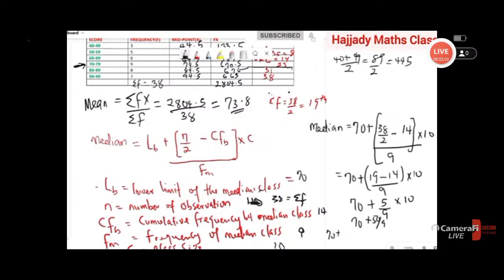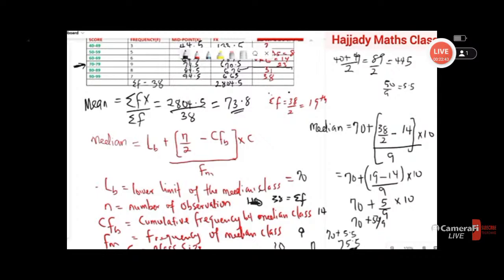We know that 50 over 10 is 5, right? So 9 in 50: 9 times 5 is 45, remainder 5. Add 0 to it, 50, so you can have 5.5. So here you have 5.5. And finally, our answer is going to be 75.5. So this is our final answer.